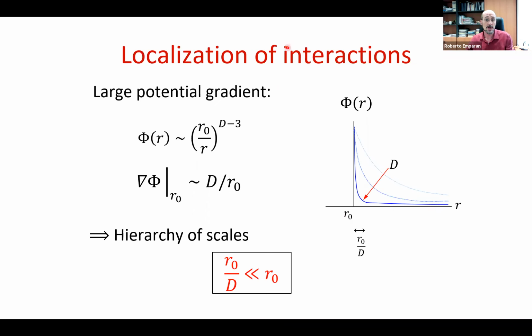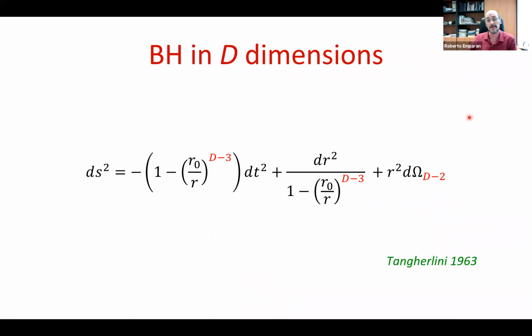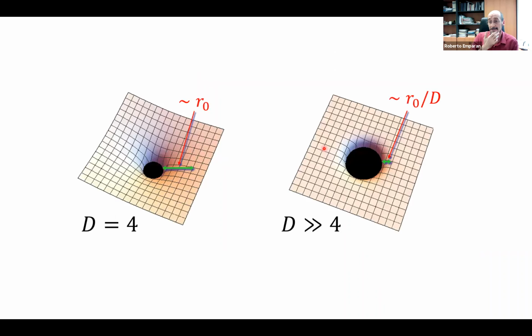So where do we find this potential in general relativity? Well, we find it in the Tangherlini solution for a black hole in D dimensions, the Tangherlini generalization of the Schwarzschild solution. We get this potential over here, and then how does this geometry behave as we take D to be large? Let me describe it just in pictorial ways.